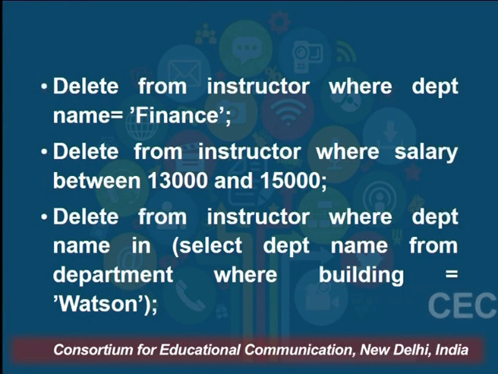So delete from instructor where department name in, select department name from department where building is equal to Watson. So basically from the department table, all those department names will be extracted which are hosted inside the Watson building.